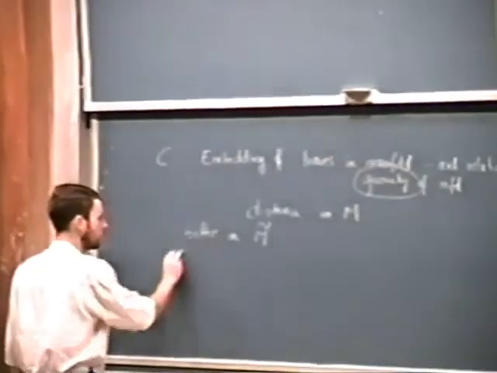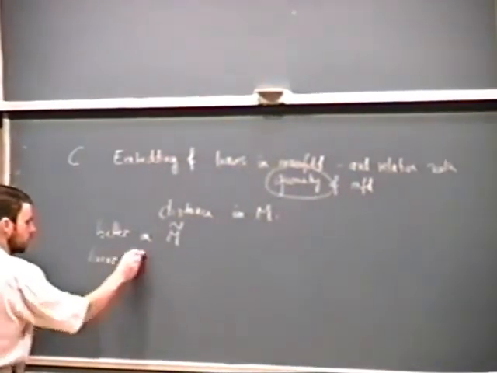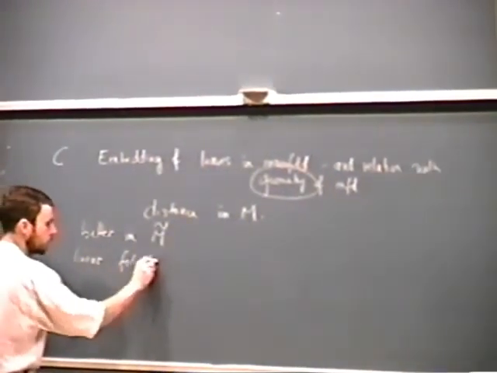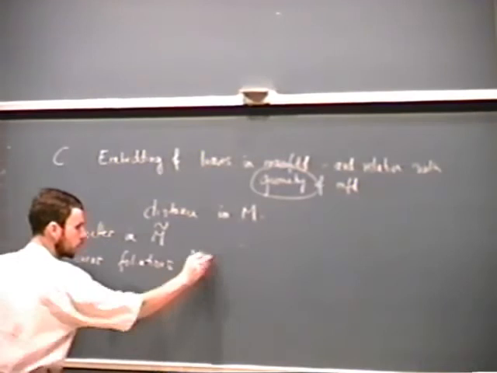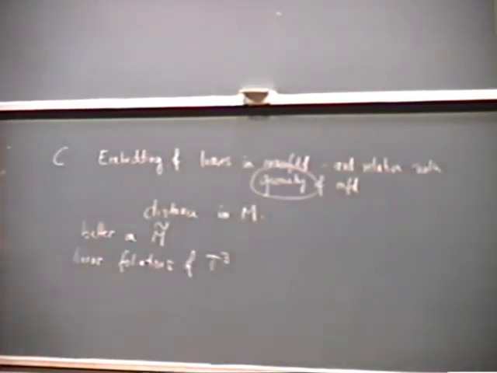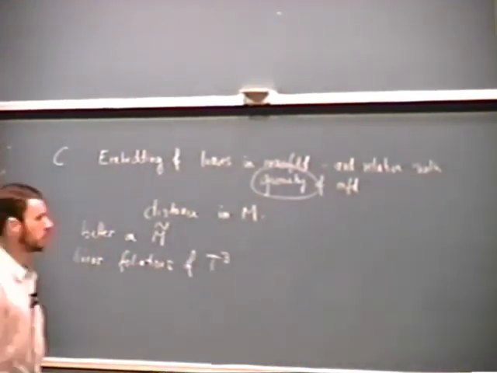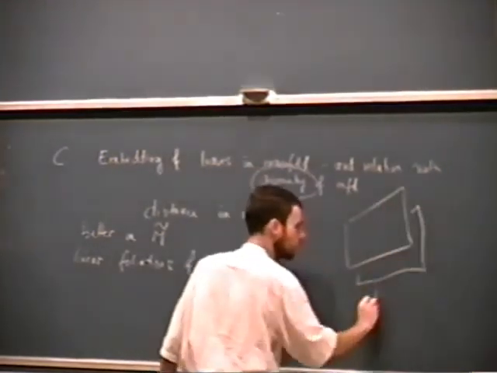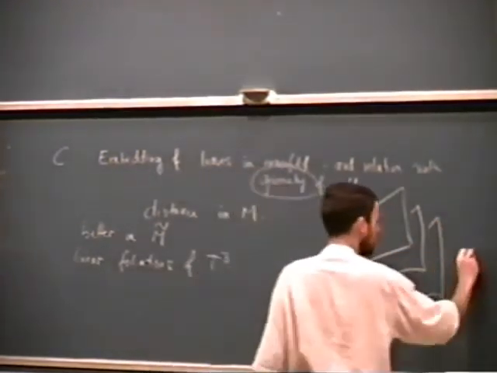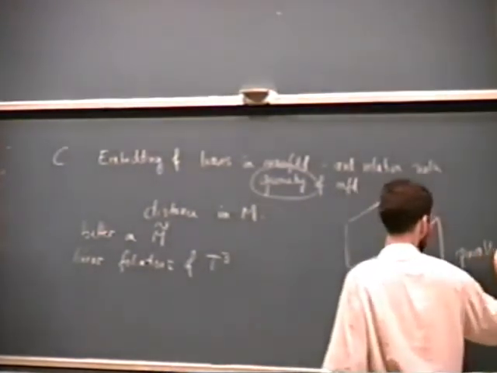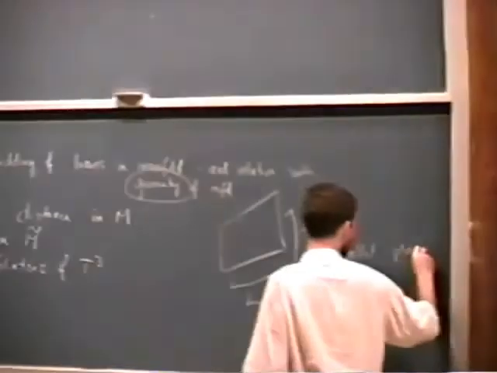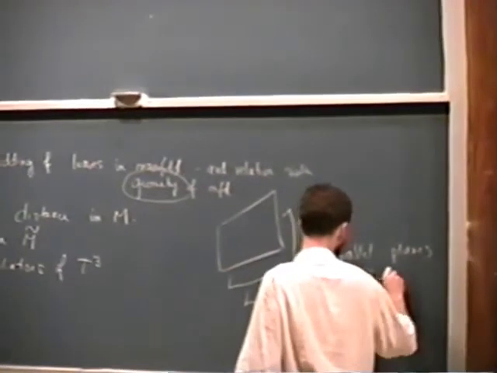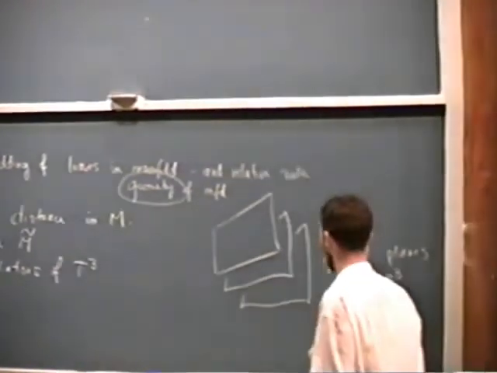So for instance, there are linear foliations of the three-dimensional torus, which when you lift to the universal cover, they're just going to be a foliation by parallel planes. In the universal cover here is R3. Okay?